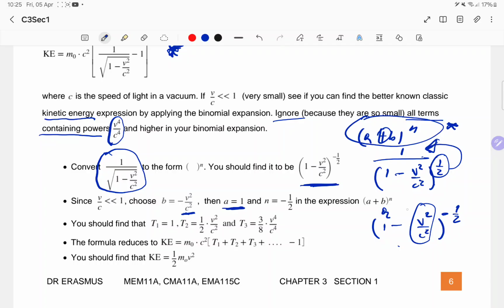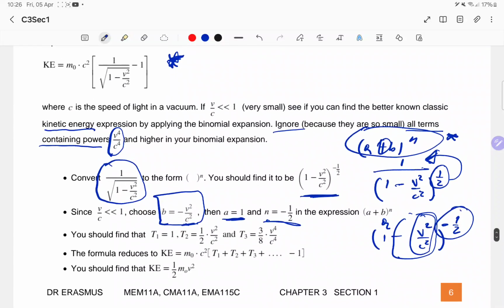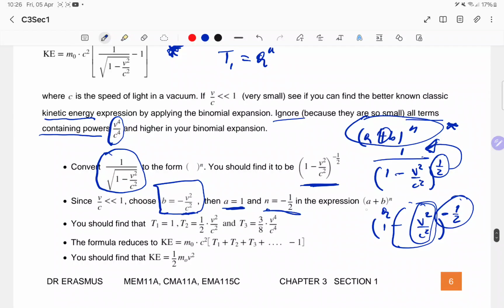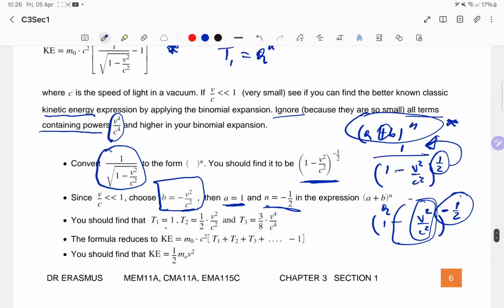So we have negative v squared over c squared, which is our b. Our n is minus a half. You should find that your first term is 1. Remember, your first term is given by a to the power n. It's your t1, your n is minus half, and your a is 1, giving you 1.